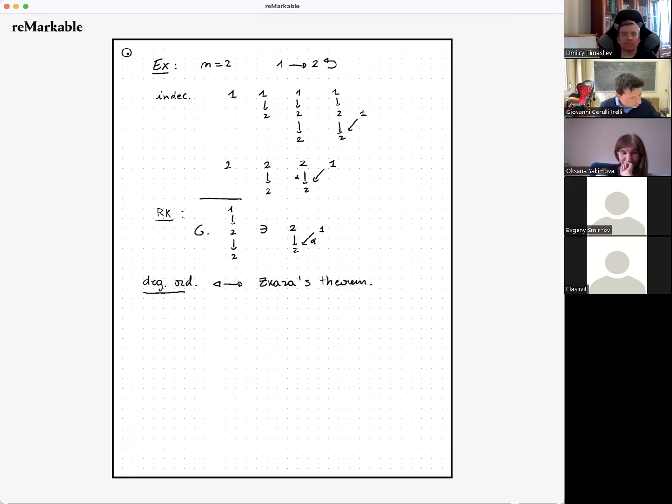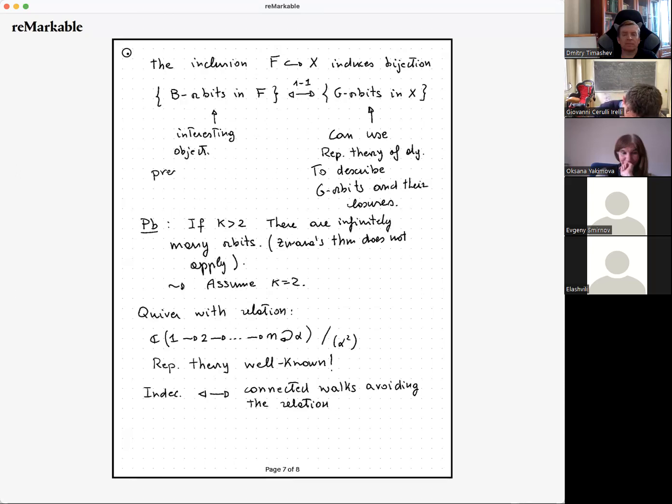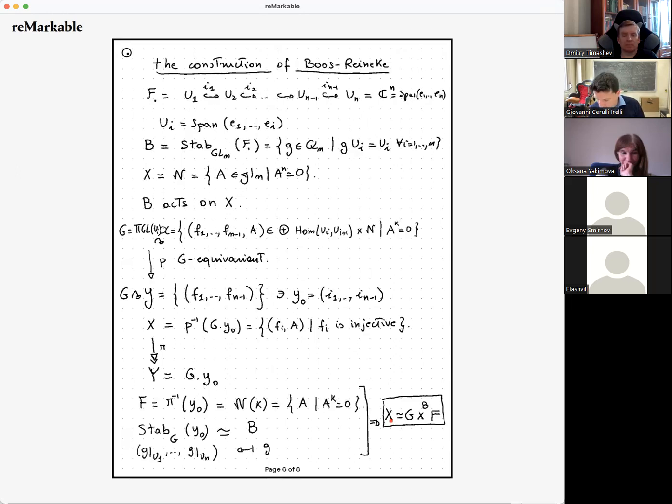Okay, then using this, Bobinski and Reineke say, okay, then, I didn't say here the fact that this preserves orbit closures. So this is again the fact that there is such an associated fiber bundle.